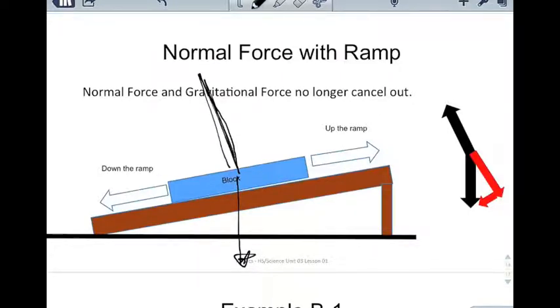So when you do that, these two things no longer cancel out. When you subtract them, what you're left with is a small force that's going down and to the left, or in the direction of the ramp itself. So there is no external force that makes the object move down the ramp. What's left over is the leftover from the normal force and the gravitational force no longer canceling each other out.